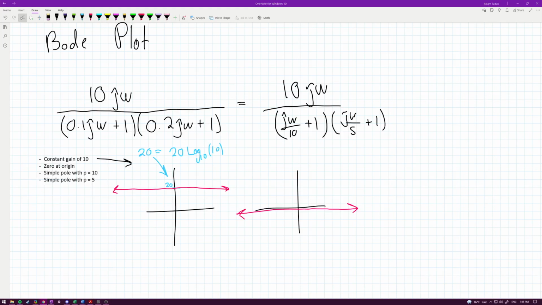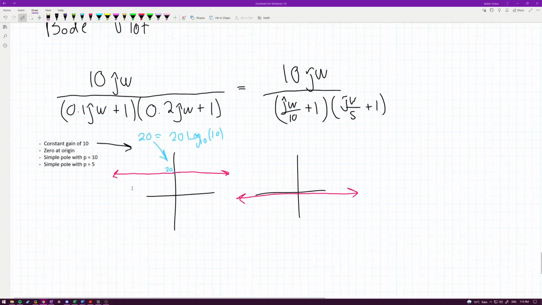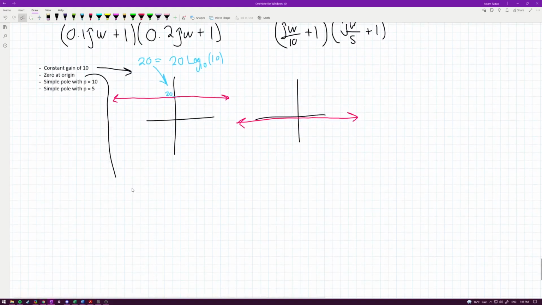Now that I have that, we can continue with the zero at the origin. The zero at the origin will get a plot like this. Again, if it's too confusing with just my sketches, then we will do actual plots. But it's literally just a line from here to here, and the slope is 20 decibels per decade.